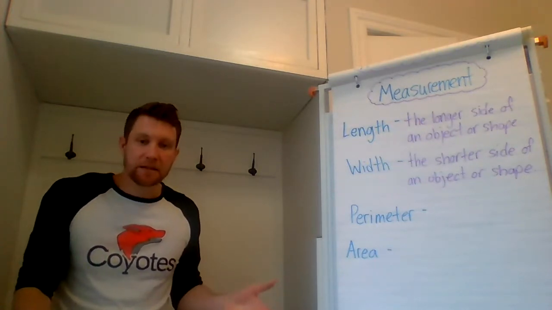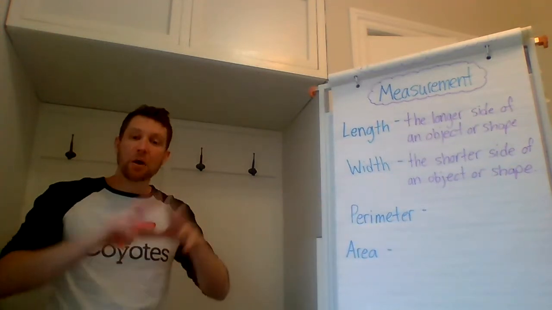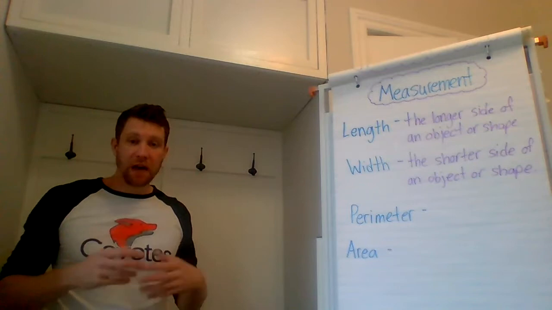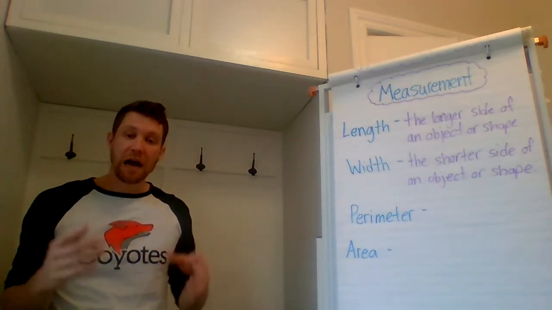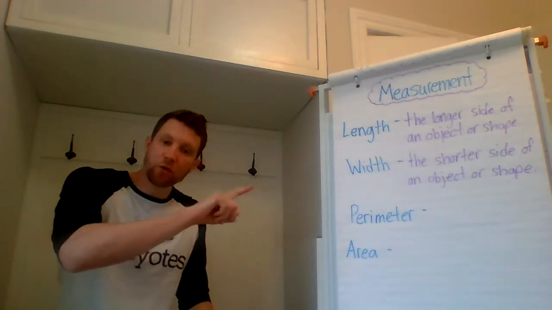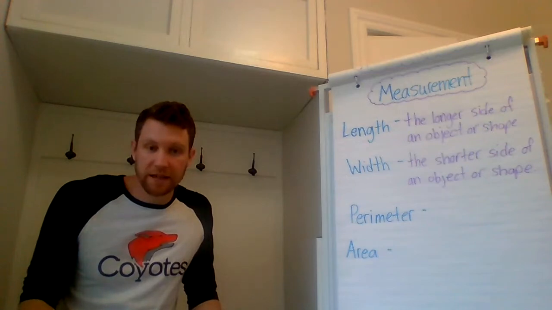So now that you've had a minute to think about it, the word perimeter means the outside. So if I was to measure the perimeter of a rectangle, I would measure the total distance around the outside of the rectangle.